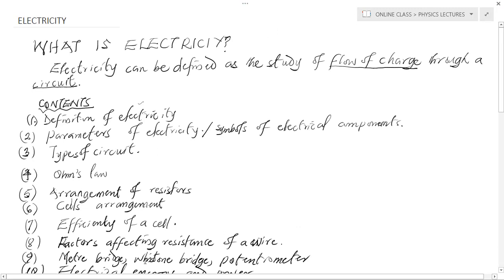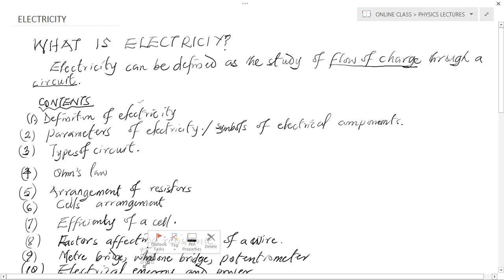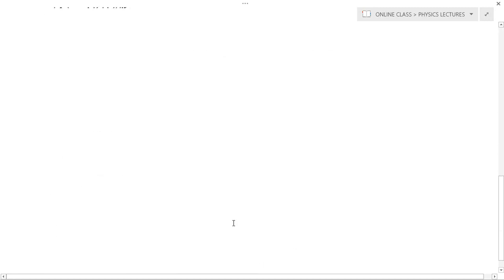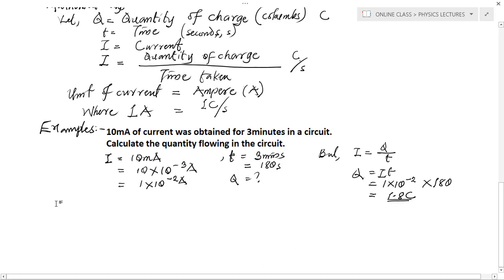I wrote "wasting" here. Let me just rewrite that part so that we can be happy. Sorry about that. Now let's go to our instruments.